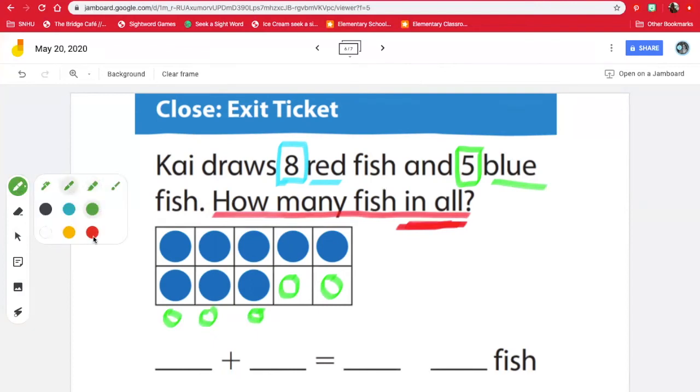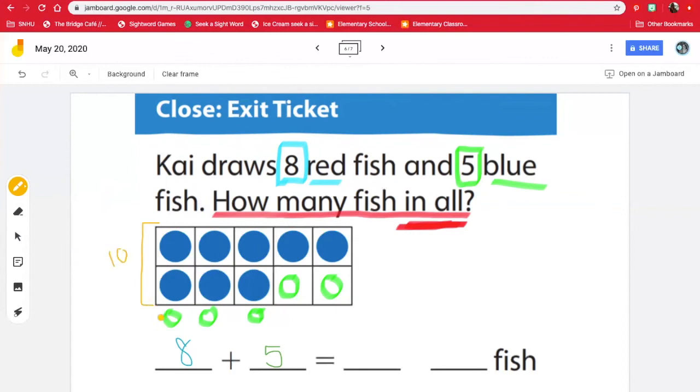And we know that we want to add 8 plus 5 to find out how many fish. So we could do this by making a 10 if we so choose. So we have a 10 here.